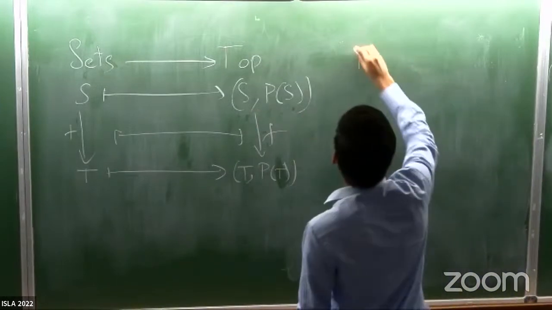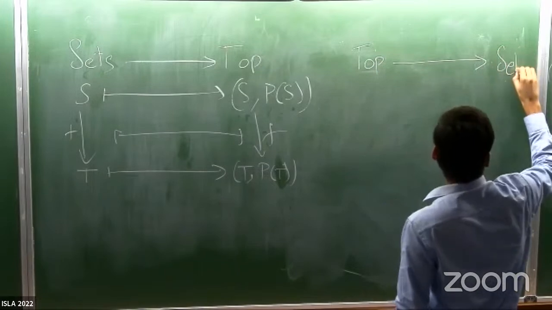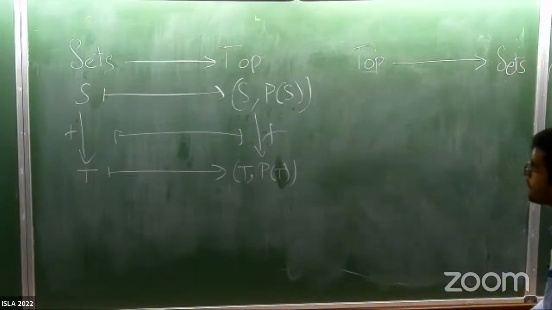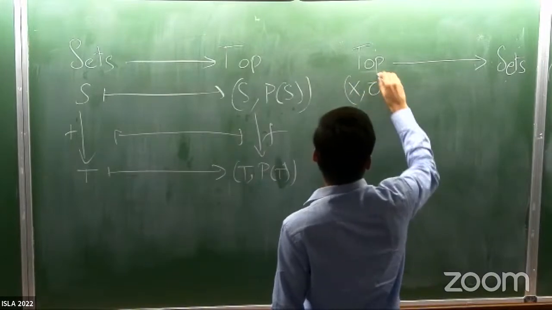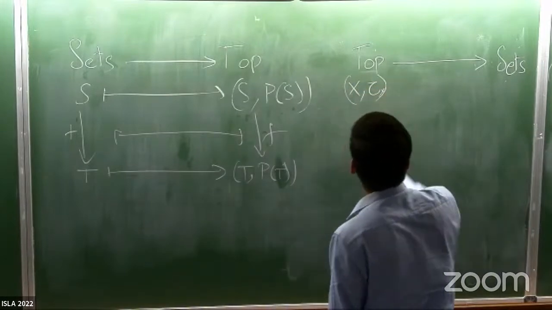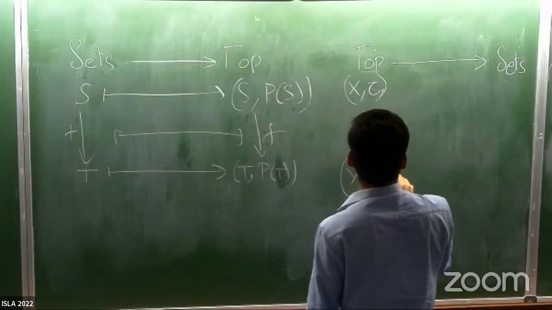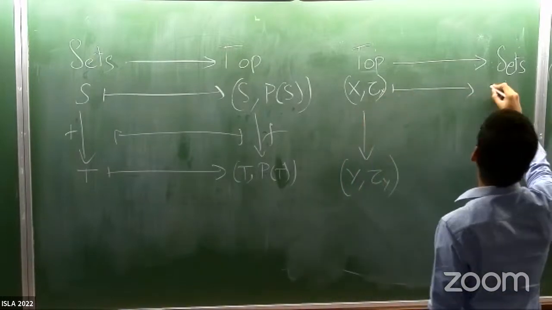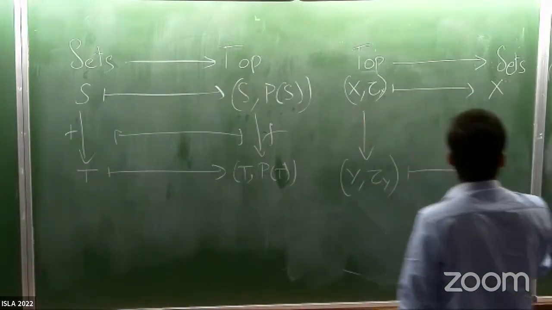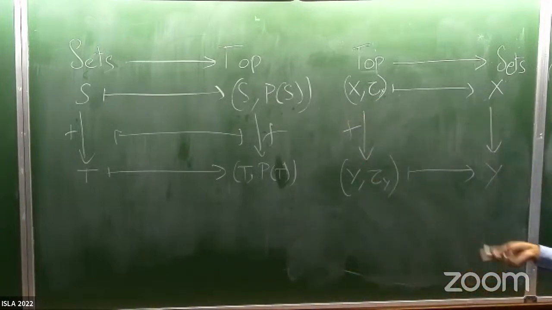Similarly, you have Top to Sets. What does it do? Well, here's a topological space with some topology, tau X, and here's a continuous map to tau Y. What you do is you forget that you ever had a tau X. You just map the same, and any continuous map in particular is a set function.